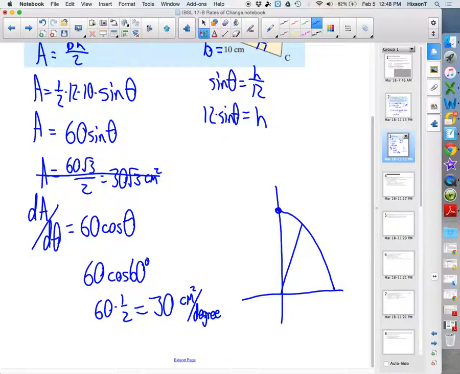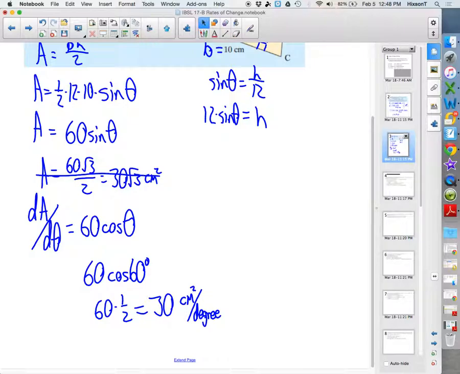So our area is going to be growing, right? But once you pass 90, sine starts going back towards 0. So as you make it an obtuse triangle, your area is actually going to be getting smaller.